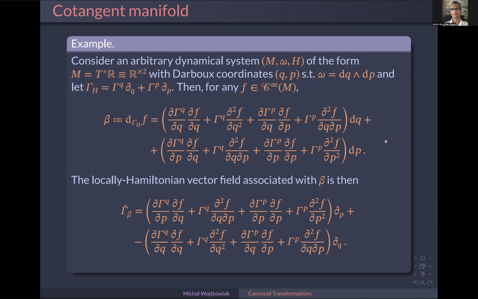I suppose, yeah, it's not very pretty, but for example, if we input a free particle or something like that, then these vanish.